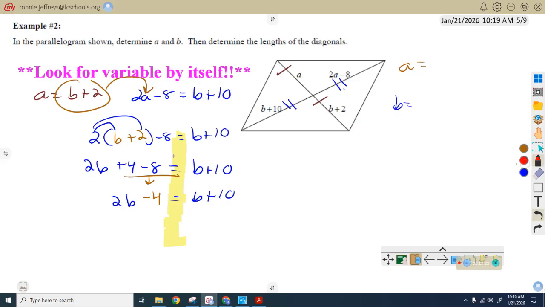Now, variables to the left. Constants to the right. All right, so B is 14.